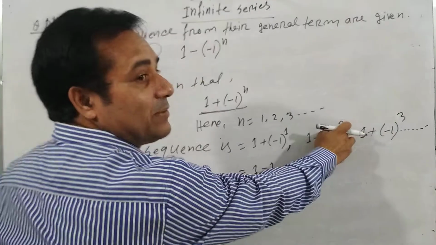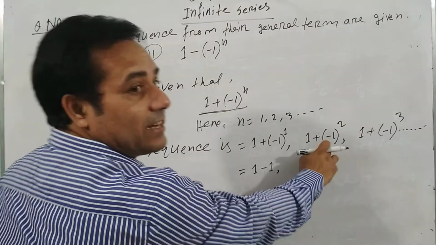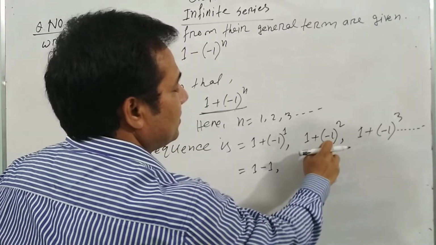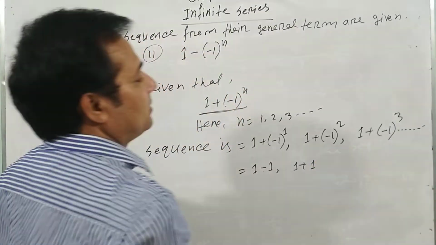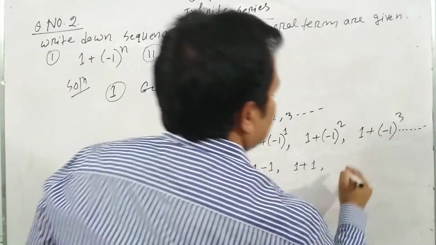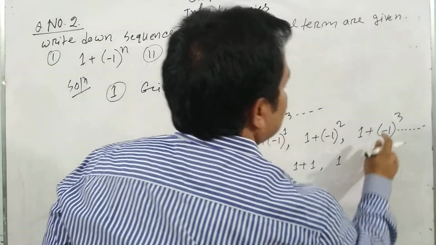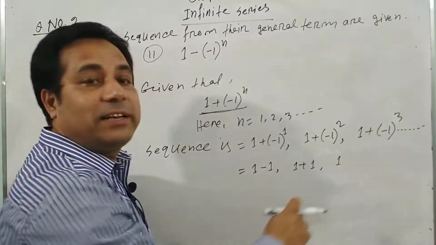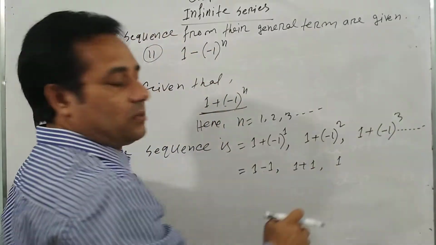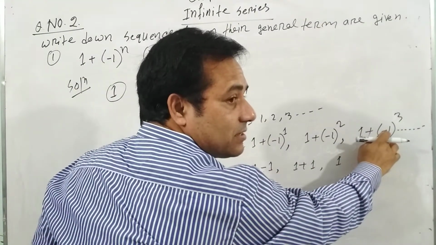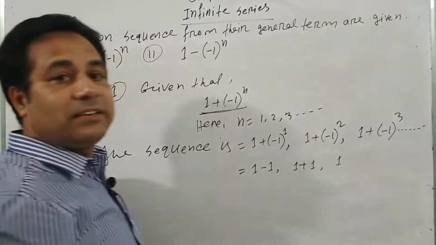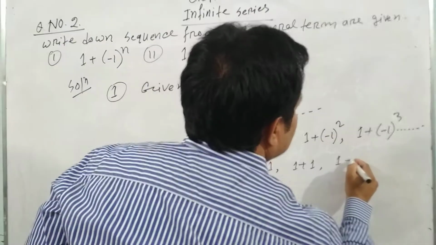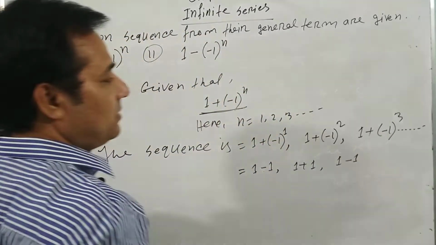Similarly, the power is an even number, so the sign is positive, 1 plus 1. Next, the power is odd, so the sign is negative, 1 minus 1.